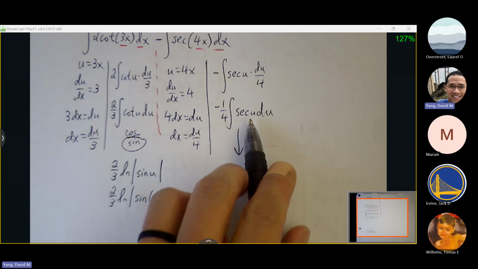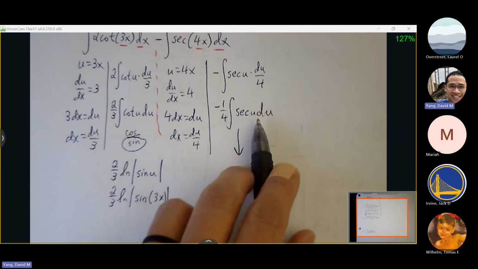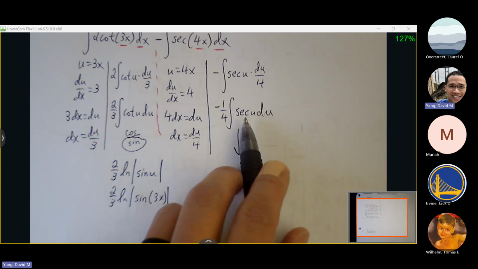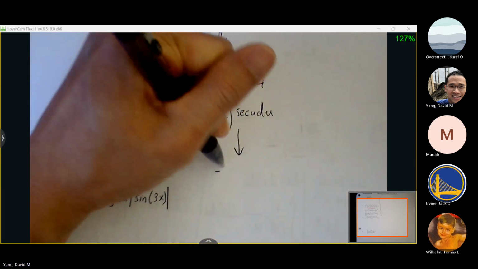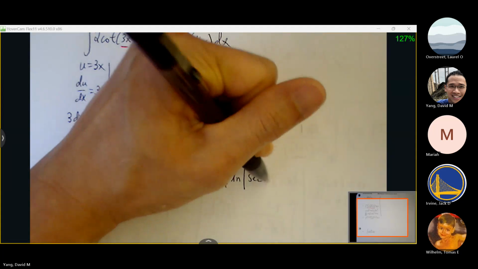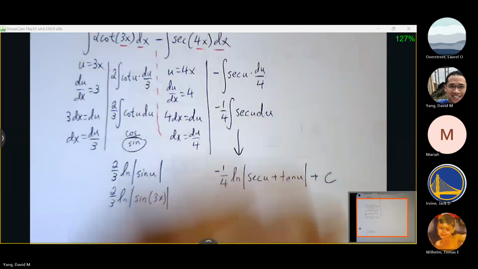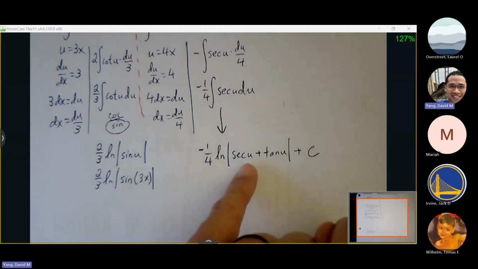When I think of secant and tangent, because of the derivative rule, those two trig functions will show up, but it's going to be within natural log, and there's going to be a plus between the secant and tangent. I don't see any, oh, sorry, there is a C there, but there is no C as the first letters within my expression here.